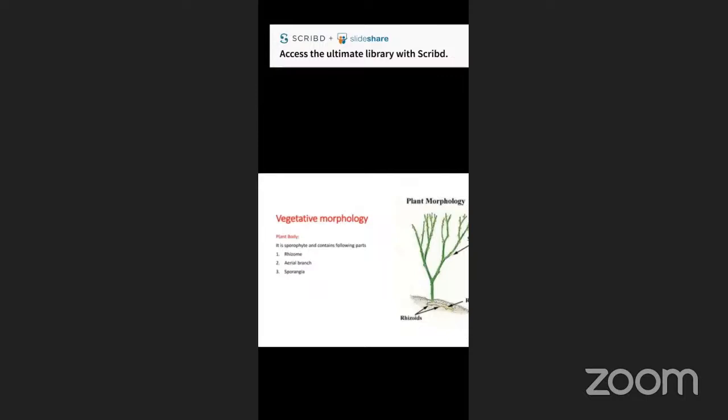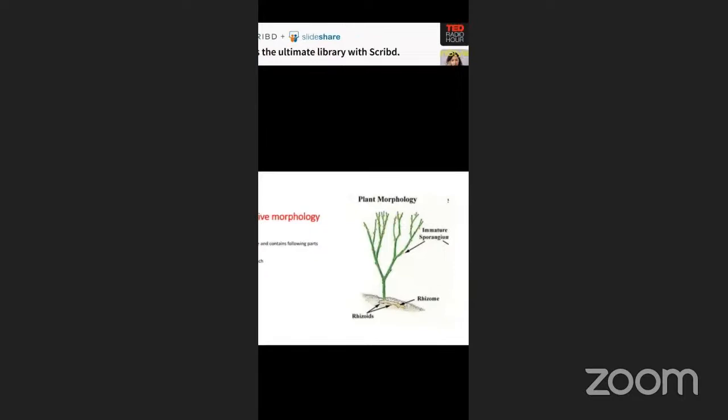See here, in this picture, the lower part in brown color is the rhizoids and rhizome, which goes horizontally. On that rhizome they produce the erect shoot system, which is green in color and dichotomously branched. Upon that, small appendages are also there. Those appendages we call sporangia. The leaves which bear these sporangia we call chlorophyll leaves.